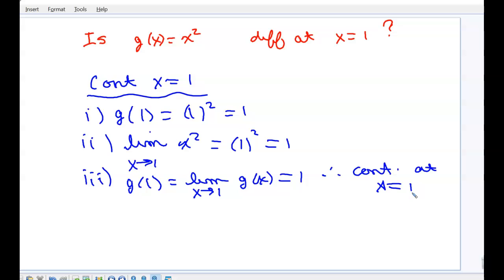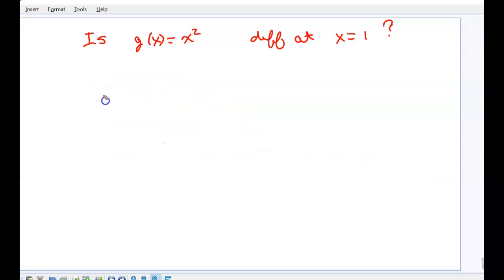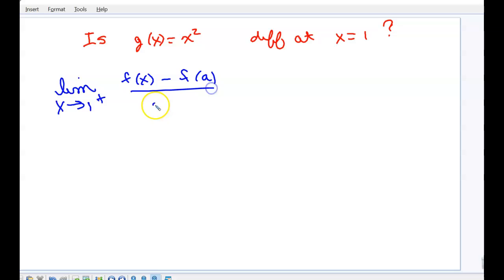So now we have to show that the left and right derivatives are the same. So I'm going to use the definition of a derivative at a point. We're going to find the limit as x approaches 1 from the positive side of (f(x) minus f(a)) over (x minus a). So this is going to be the limit as x approaches 1 from the positive side.